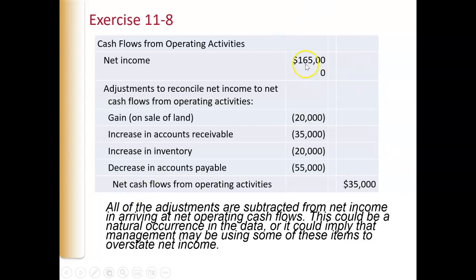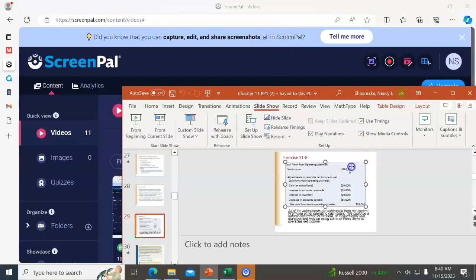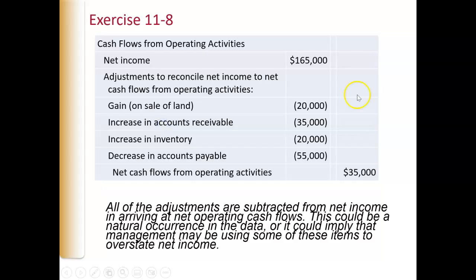So if we start with net income of $165,000, and then we subtract the gain on the sale of land, the increase in accounts receivable, the increase in inventory, and the decrease in accounts payable, we only show net cash flows from operating activities here of $35,000.